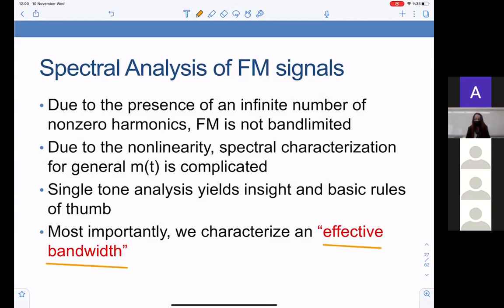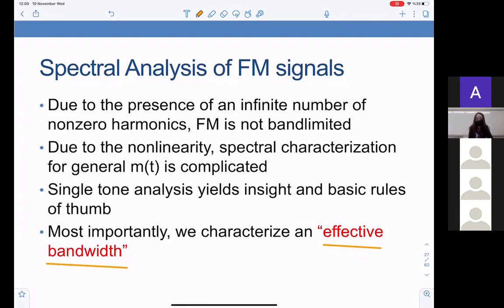But let me stress to you, and there was a question last time, if the frequency deviation is bounded, because we computed an instantaneous frequency for FM, Fi of t, which goes like Fc plus delta F, and delta F has a maximum value, how come then is this FM signal, theoretically speaking, infinite bandwidth?